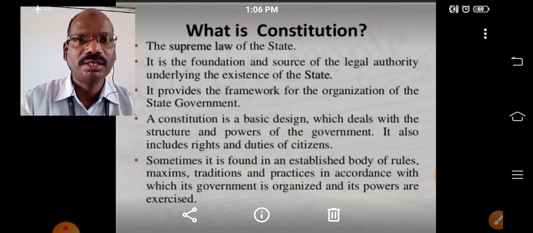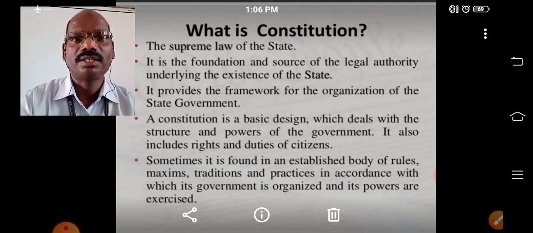The various countries in our world follow different kinds of constitution. Somewhere there is a body of rules, like in our country, somewhere only traditions, or only practice. All countries function as per the constitution they follow.